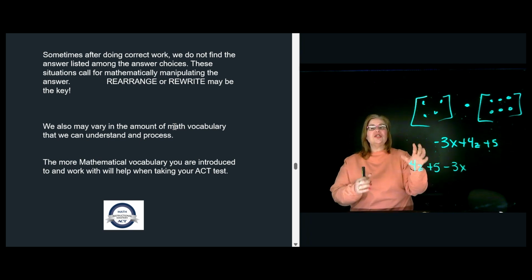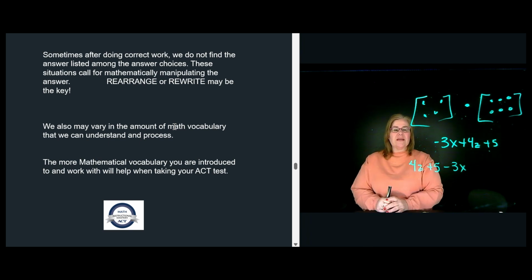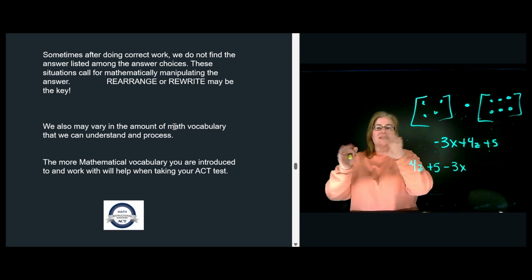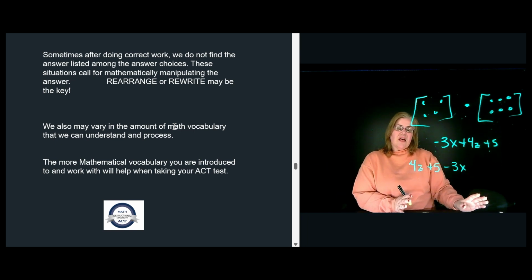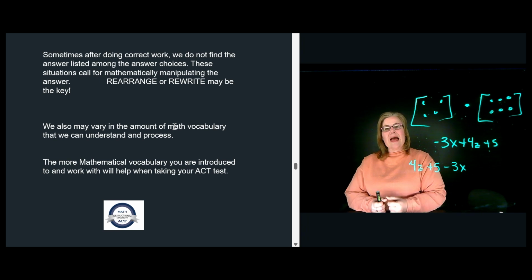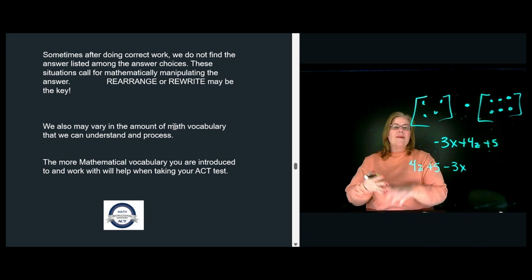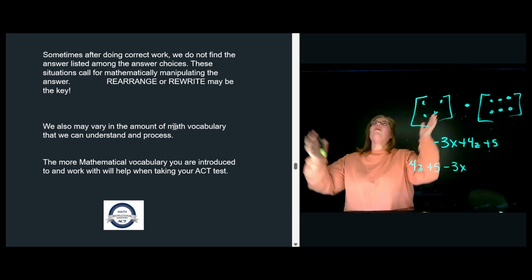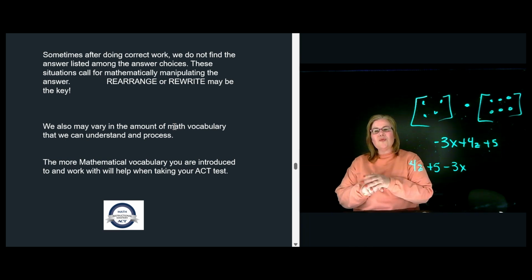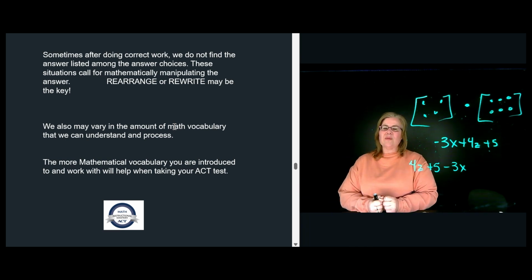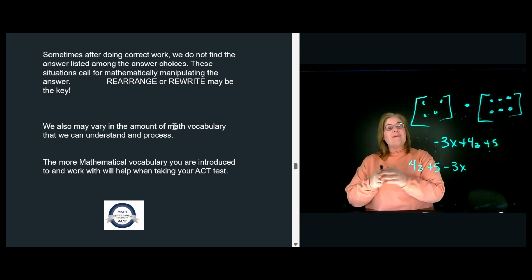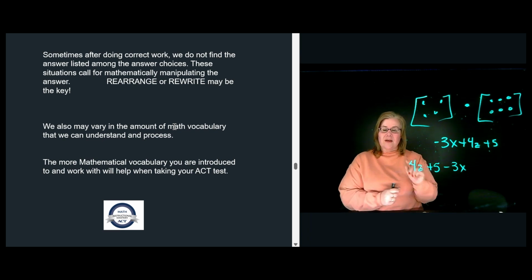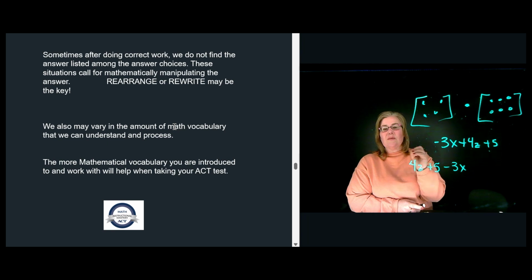So sometimes you're just going to have to rearrange your equation. Maybe they solved for z, and so z equals with all of the things. So you're going to have to make sure that you're looking at maybe rearranging or rewriting, or maybe they solved for a different variable than you did. So don't count yourself out. Oh, I don't see it, I'm going to get it wrong. Don't do that. Don't count yourself out just because you don't see what you got. Maybe they put it in a different form. So don't worry about that. Just look to see what you've done and how you could possibly get one of those answers.